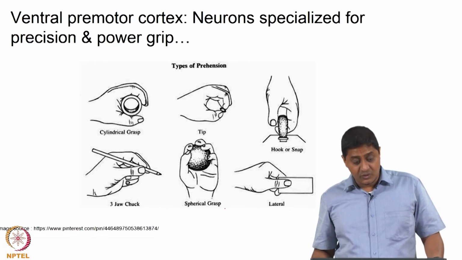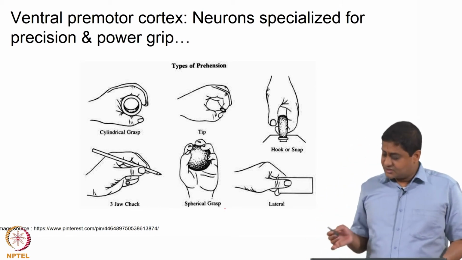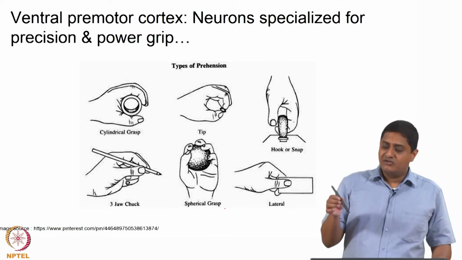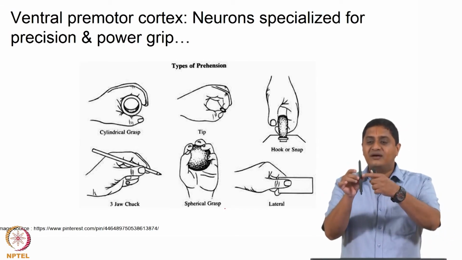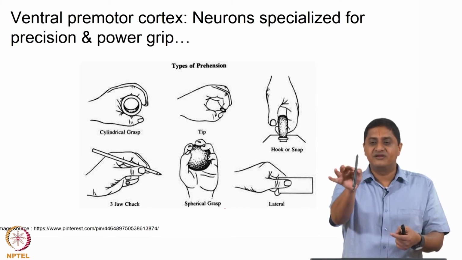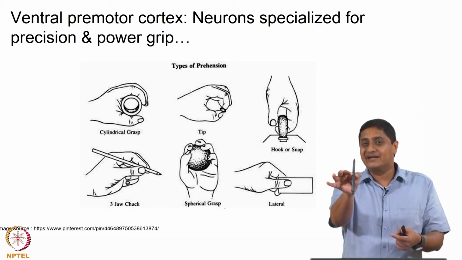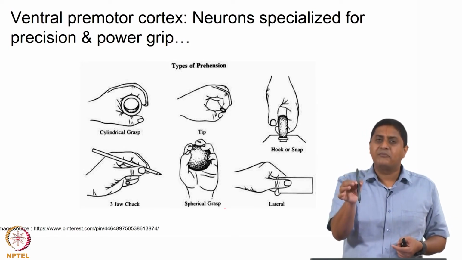Another thing to note is that there are neurons that are specialized for precision and power grip. Let us define this very briefly. Precision grip is when you grip an object between the thumb and a fingertip, for example, like this, in this case between the thumb and the middle finger, in this case between the thumb and the index finger. This is called precision grip or pinch grip.